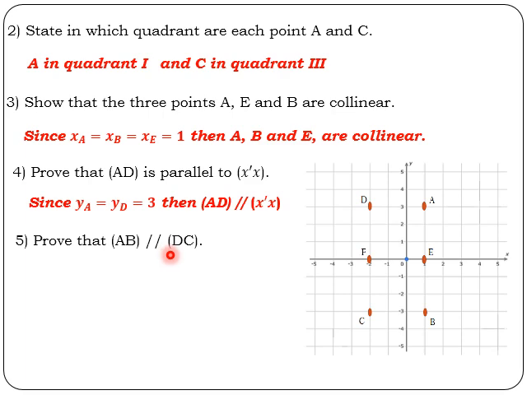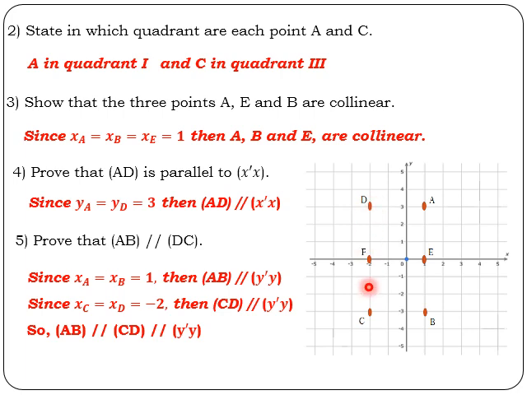How to prove that AB and DC are parallel? AB. We proved before that AB are collinear. They have the same abscissa, so they are on a line that's parallel to y-axis. Similarly, DC have the same abscissa, minus 2, so CD is parallel to the y-axis.